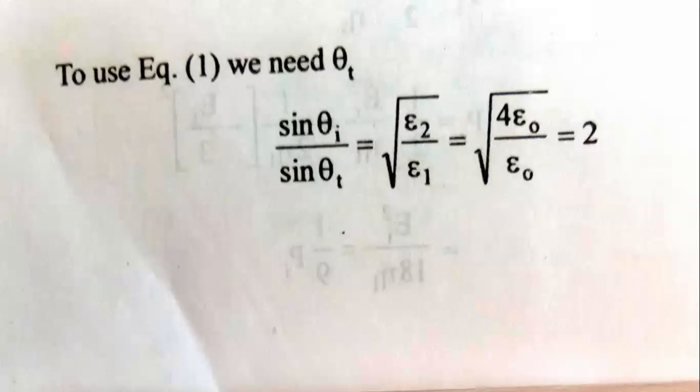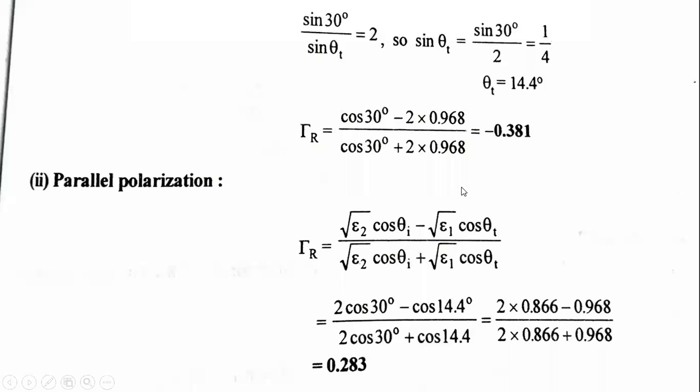Now, by equating the equation, sine theta I divided by sine theta t is equal to root of epsilon 2 divided by epsilon 1, which is the root of 4 epsilon 0 divided by epsilon 0. Epsilon 0 will cancel out, root 4 will be 2. So sine 30 degree divided by sine theta t is equal to 2, and so sine theta t is equal to sine 30 degree divided by 2, that is 1 by 4.